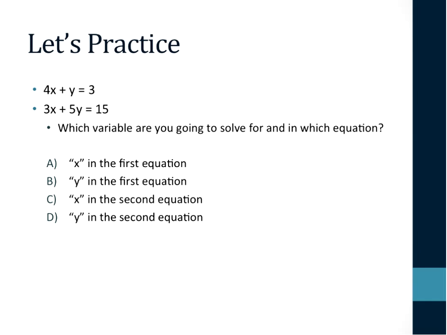Looking at these two equations, 4x plus y equals 3, our first equation, and 3x plus 5y equals 15, which variable is going to be easiest to solve for, and in which equation? Are you going to be looking at x in the first equation, y in the first equation, x in the second equation, or y in the second equation? Which variable is going to make the most sense to solve for?